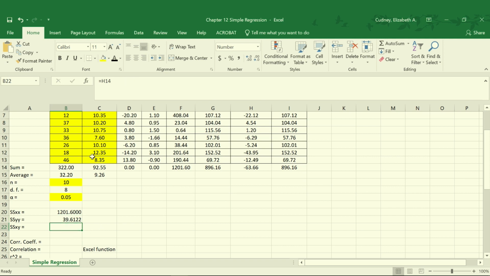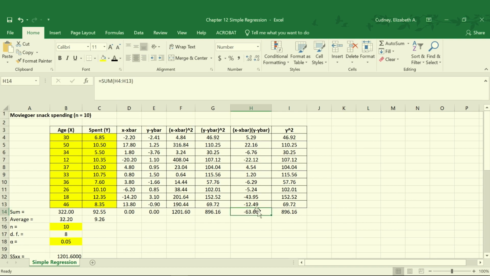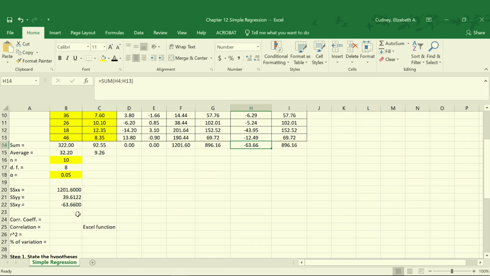Our sum of squares xy is equal to H14, which is our sum from column H, the x minus x bar times y minus y bar. So now we have important pieces of our equation. Our correlation coefficient is going to use those values.